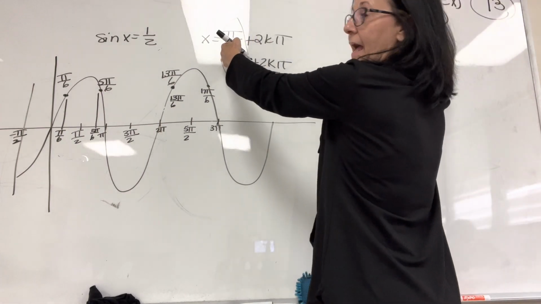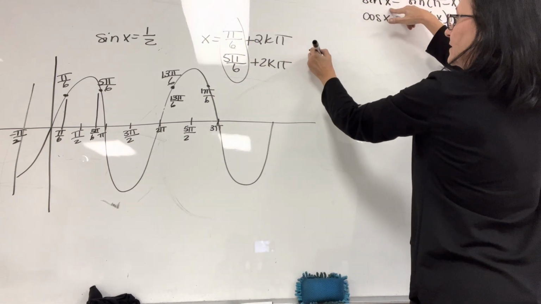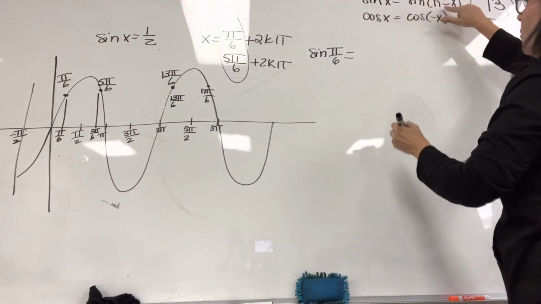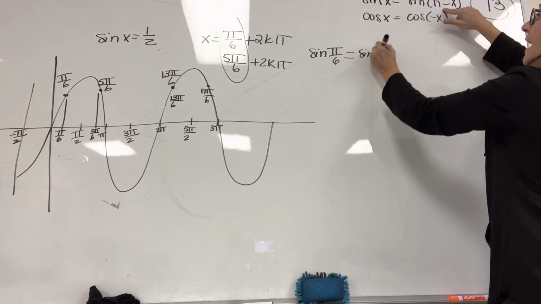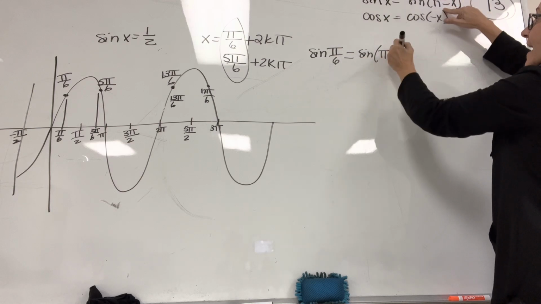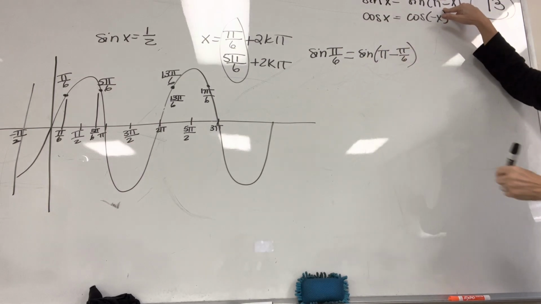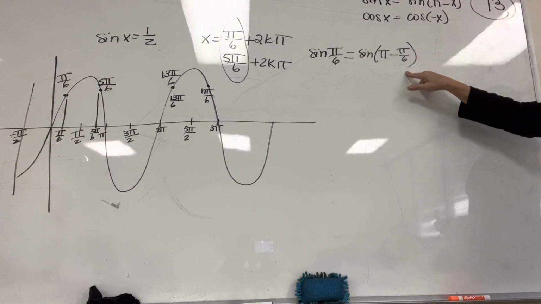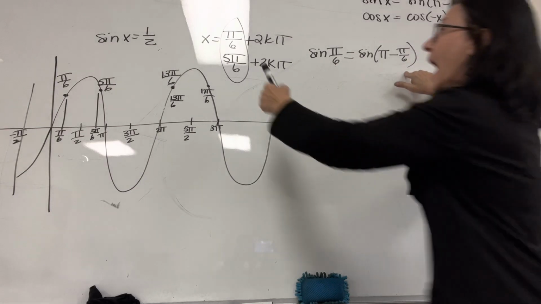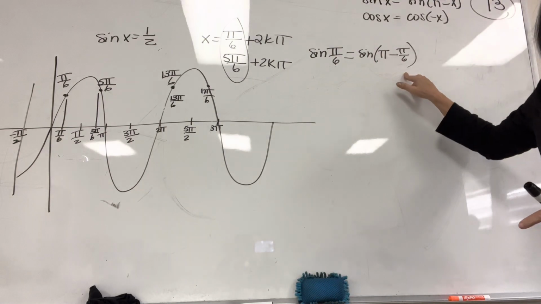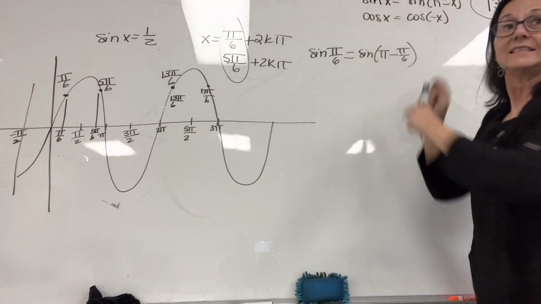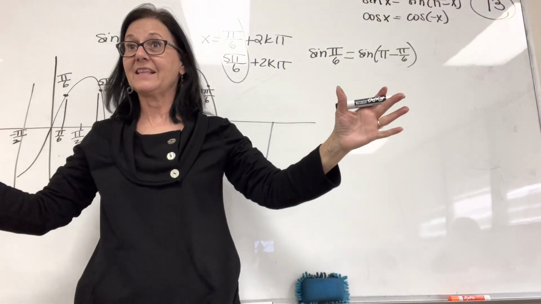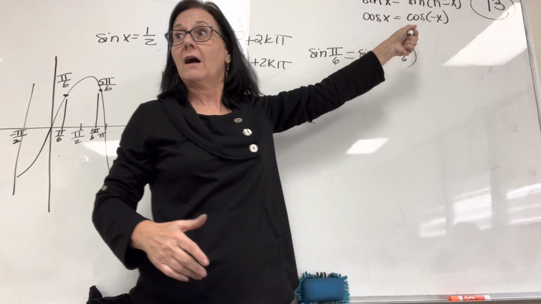Okay, so let's make x pi over 6. So the sine of pi over 6, does it equal the sine of pi minus that? Do I get to 5 pi over 6 here? Yes, I do. I get both of them if I just know this concept. You got it? Do you kind of see this? So these two are important concepts.